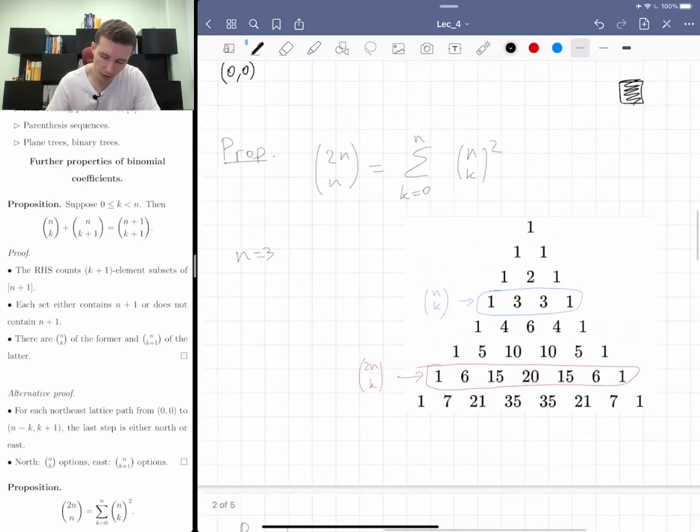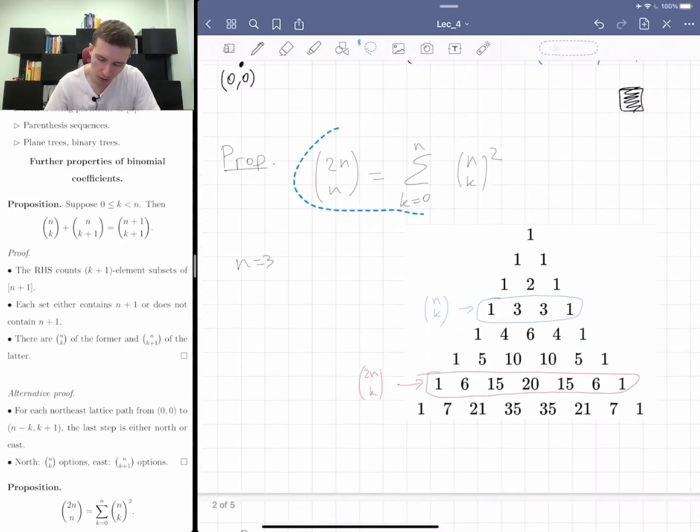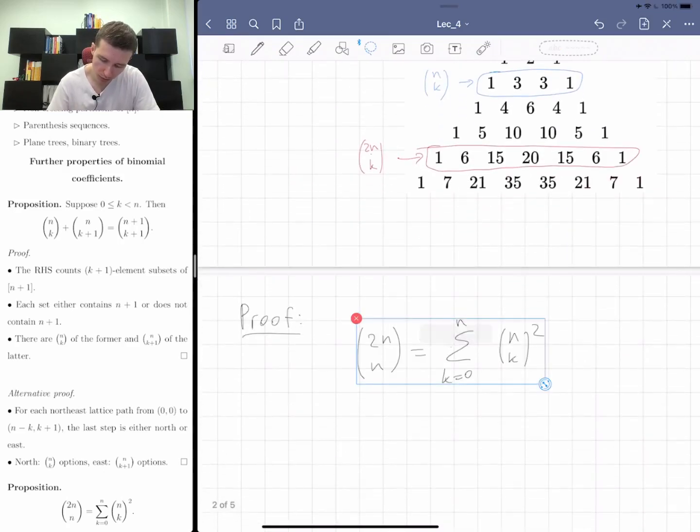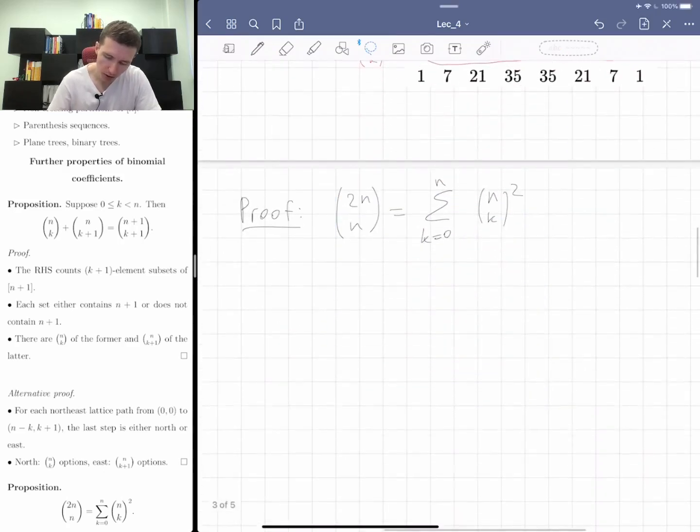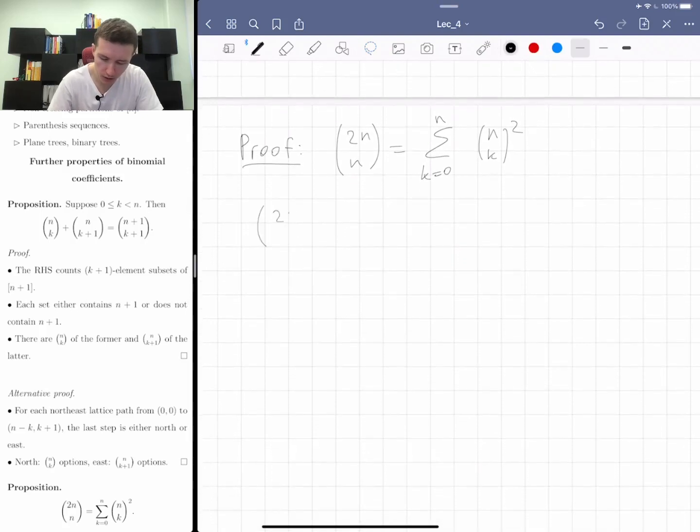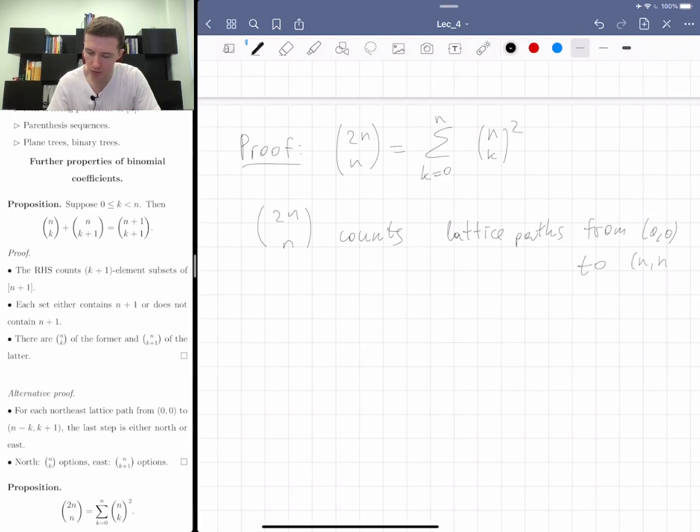I'm trying to prove this formula. So the left-hand side, 2n choose n, counts lattice paths from 0, 0 to n comma n.